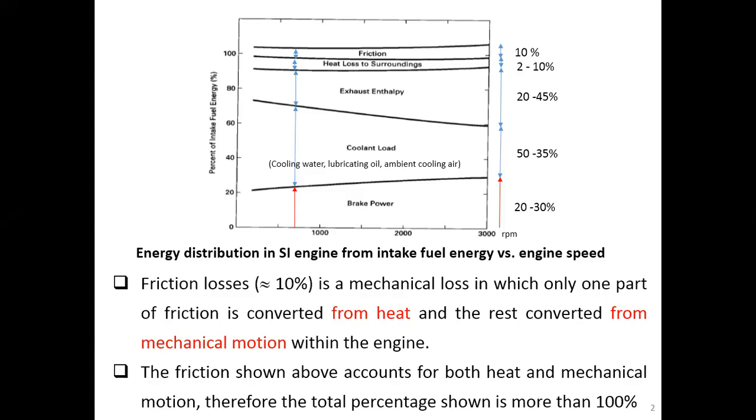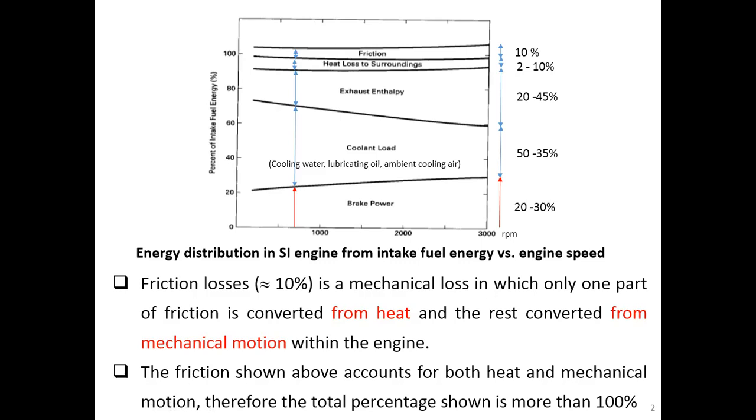Okay, so the friction shown above takes into account both the heat and the mechanical motions, right? So the total percentage shown here is more than 100 because of this, right? And when you look at this side, you see the amount of each part here, right?